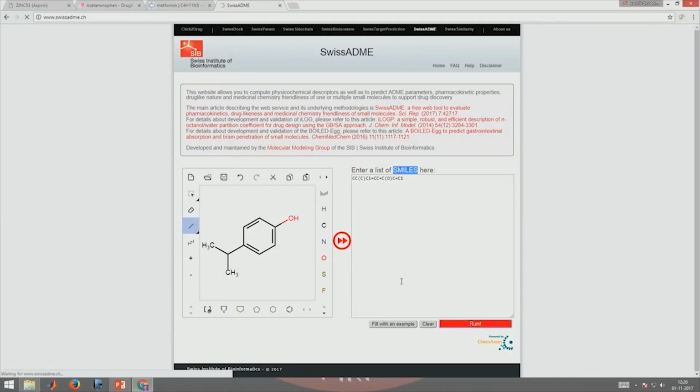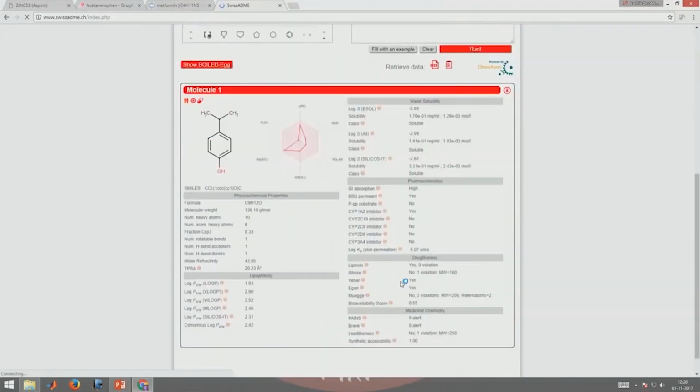So it does a lot of calculations. As you can see, formula, molecular weight, this is the molecule which we have drawn, number of heavy atoms, that is carbon, nitrogen, oxygen, like that. So you have 6 carbons here, 7, 8, 9 and 1 oxygen, that is why 10. Then rotatable bonds, this bond is rotatable, that is why 1.